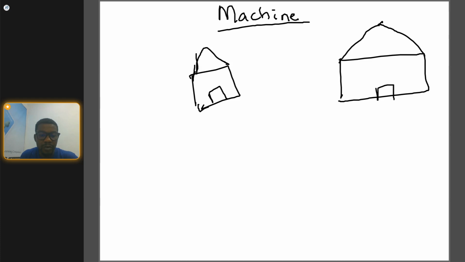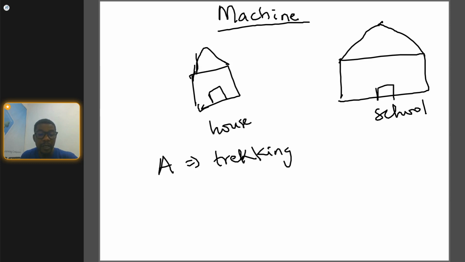This is the house and this is the school. So assuming that Mr. A is trekking to the school, and Mr. B is going by means of a bicycle. That is, cycling to the school.